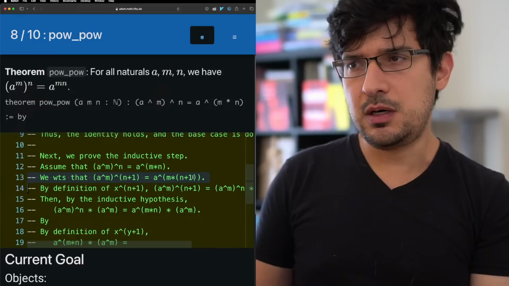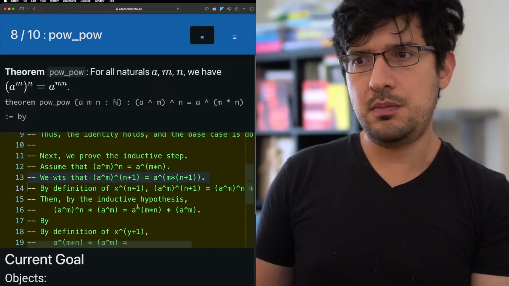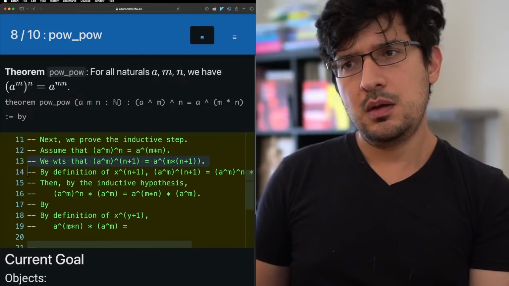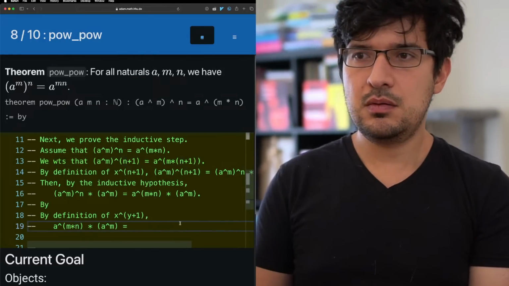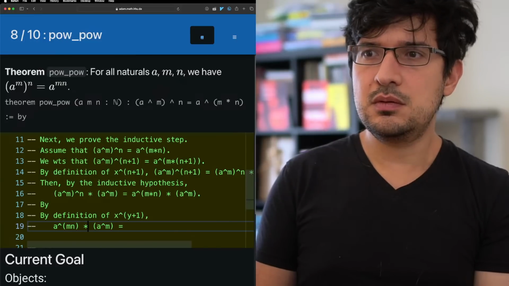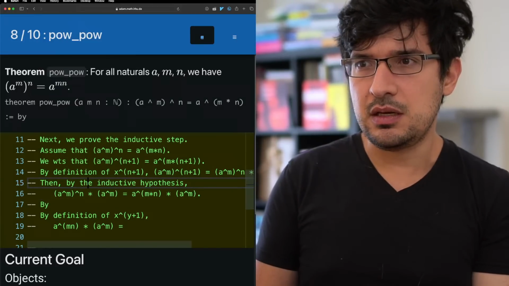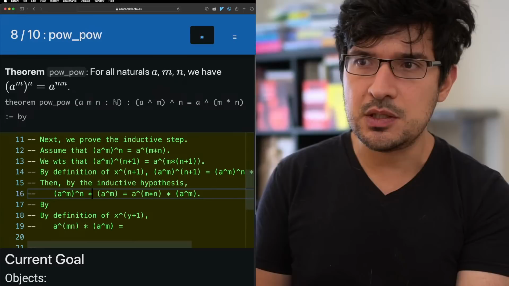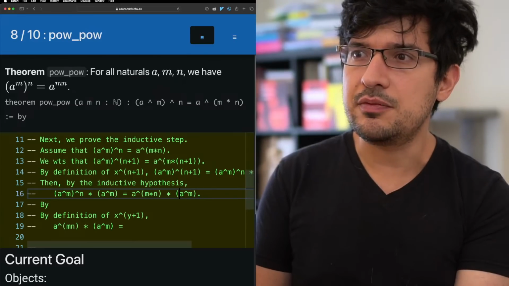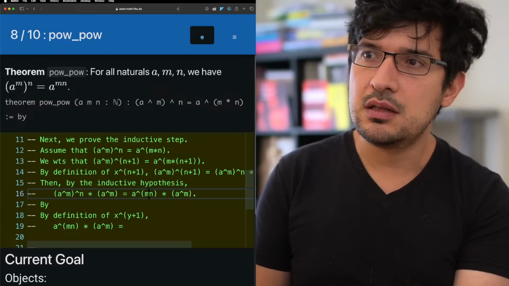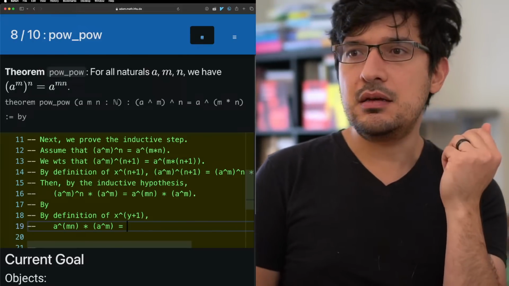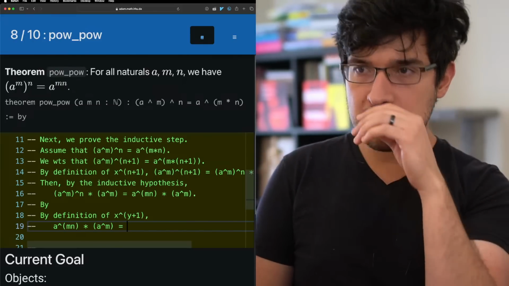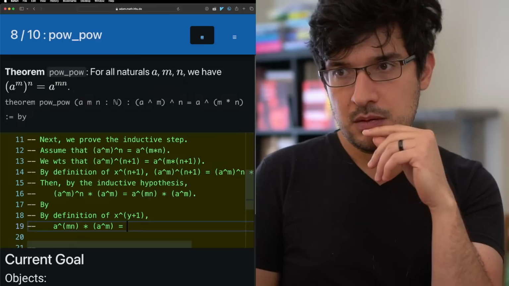So we got that part. A raised to the m times n. I'm going to clean up just a tiny bit and get rid of these multiplications where I feel that they're not necessary, like mn. A raised to mn times a to the m.